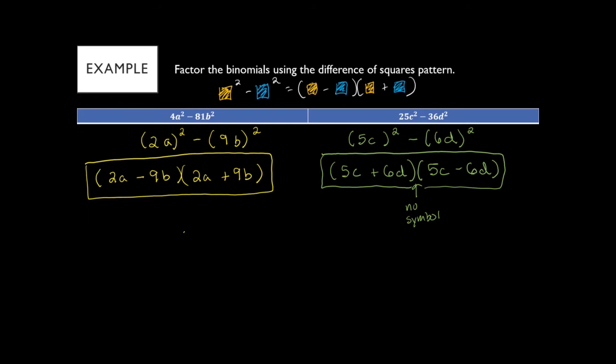So good. Hopefully you're thinking, oh, this isn't bad. This is pretty easy. So let's throw in some tricky things here for you. These are looking like the first ones we started with, except that they're not squares. We have 4s.